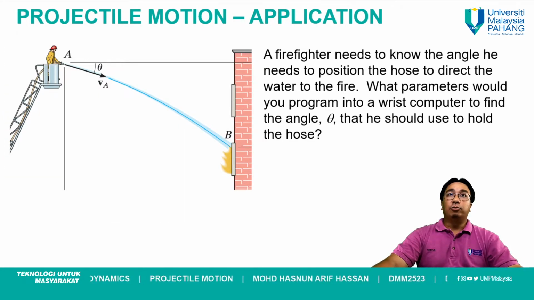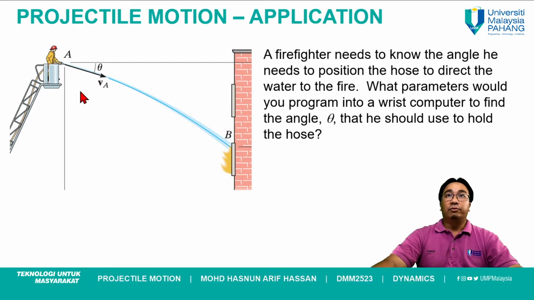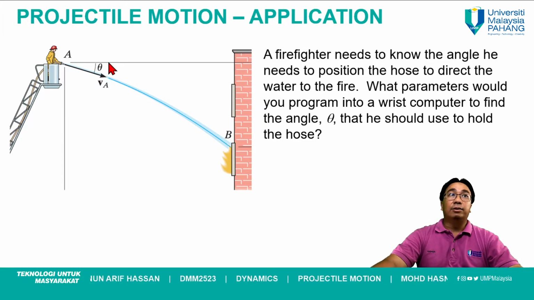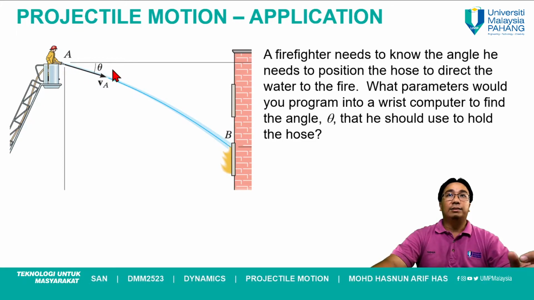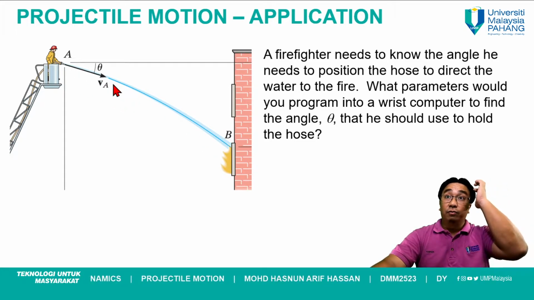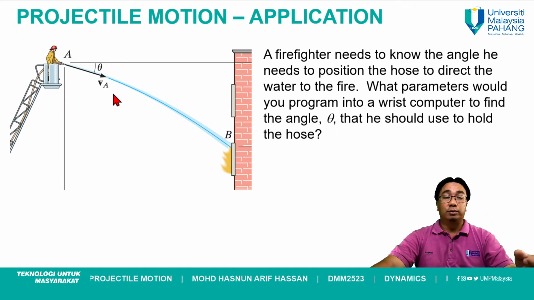Seterusnya kita boleh tengok juga contoh a firefighter, dia nak padamkan api. So he needs to know what is the angle. Kalau you tengok dekat sini ada angle theta. So what is the angle theta yang dia perlukan? And then what is the velocity of the water coming out from the hose?